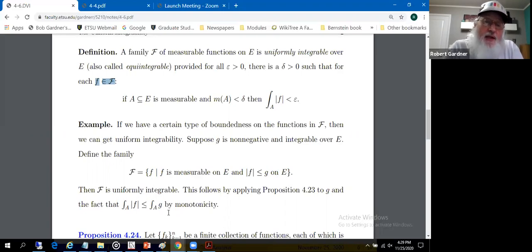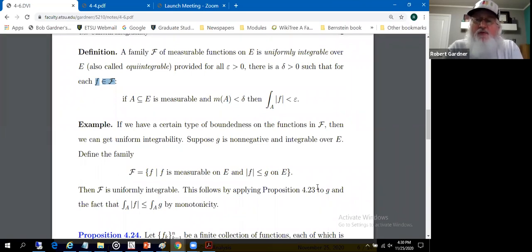Monotonicity looks like this in the setting of non-negative functions. g is non-negative, we said that. Absolute value of f, of course, is non-negative. And we have the inequality right here. So monotonicity will give this. We need to be able to make that small.